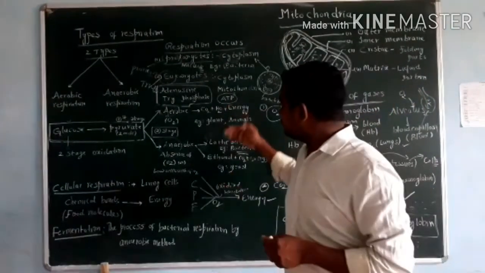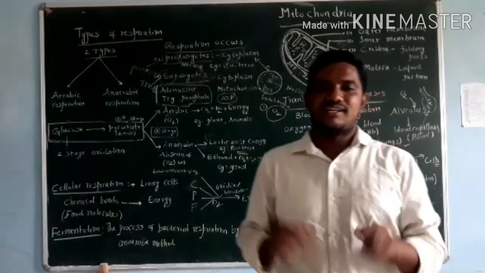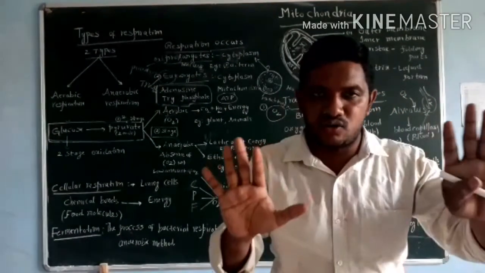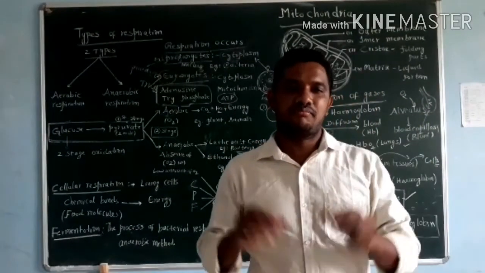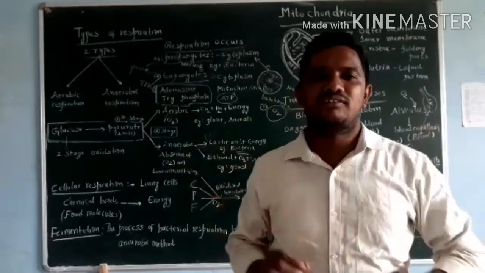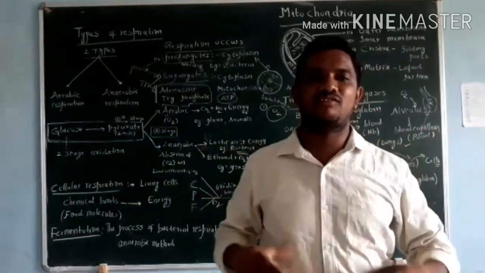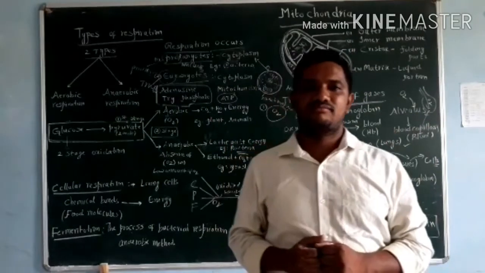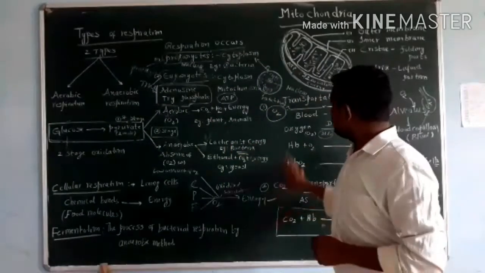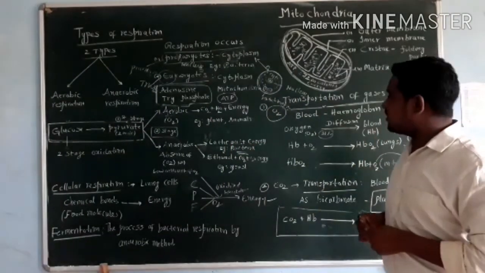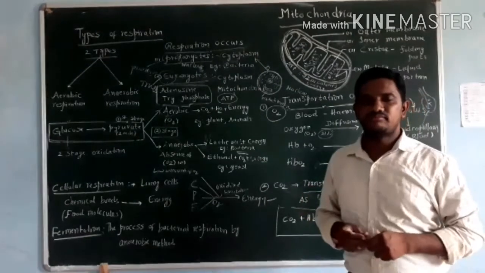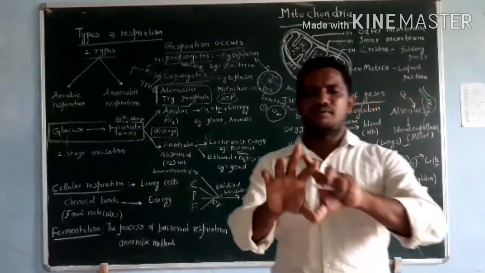So both gases are transported by blood only. Blood is the only medium of transportation of gases in our body. This is about the transportation of gases in our body. Children, remember all these points once.